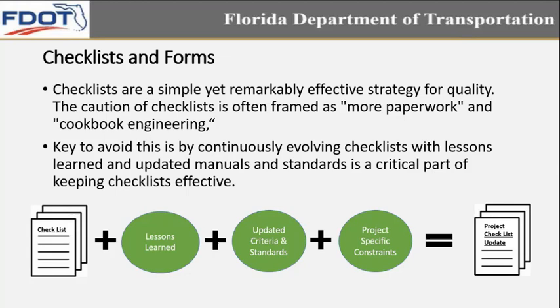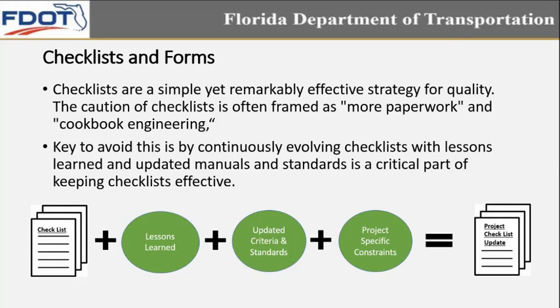Another critical tool, one of the main things that we often think about when we talk about quality control, is checklists and forms. Now, there are a lot of checklists and forms available to us within the department, and almost every district has gone through developing their own checklists. Checklists are a simple yet remarkably effective strategy for quality.